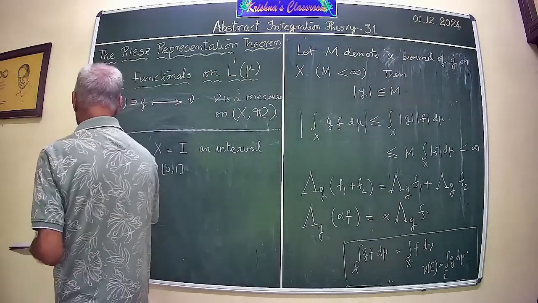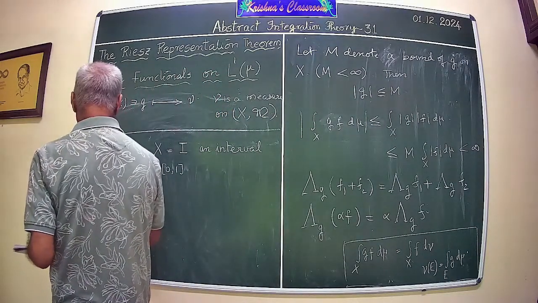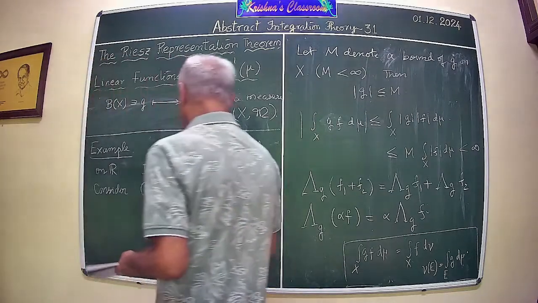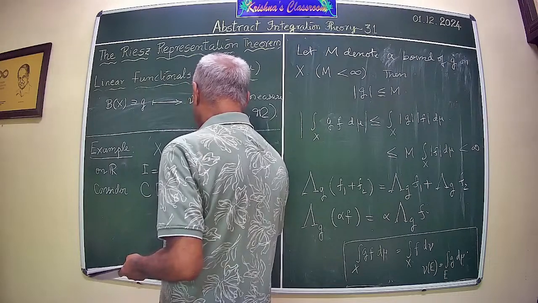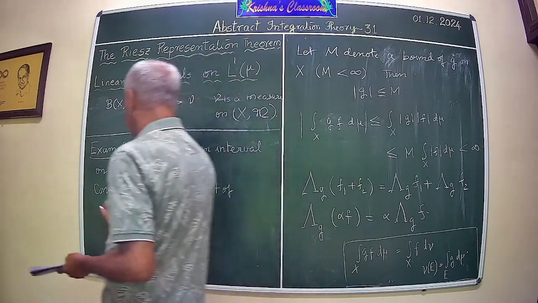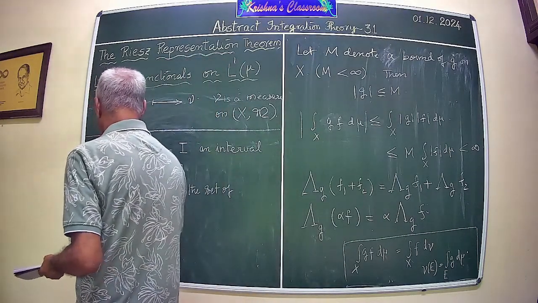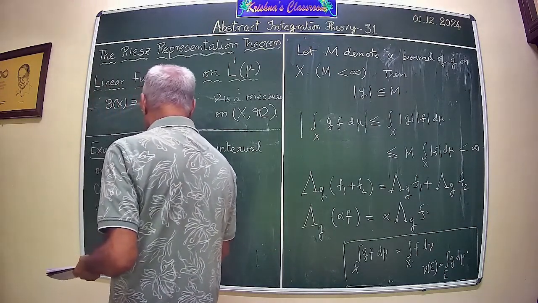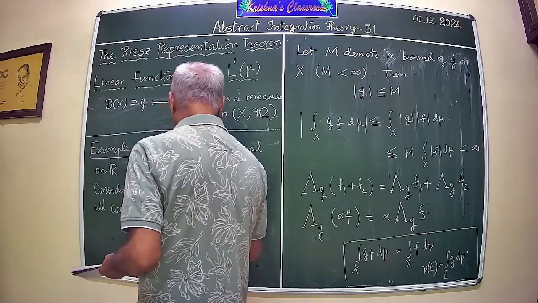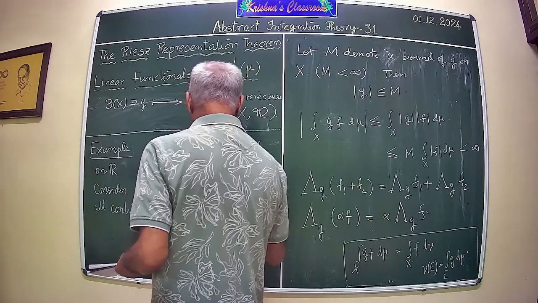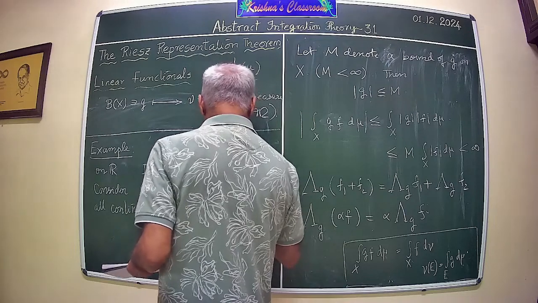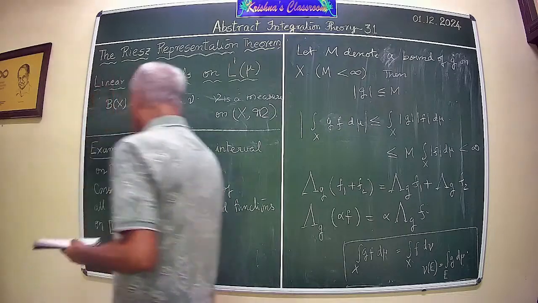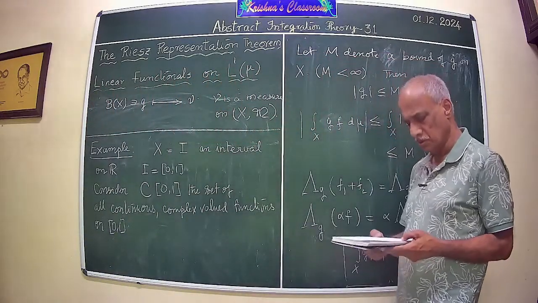Now consider C[0,1], the set of all continuous complex valued functions on the interval 0 to 1.